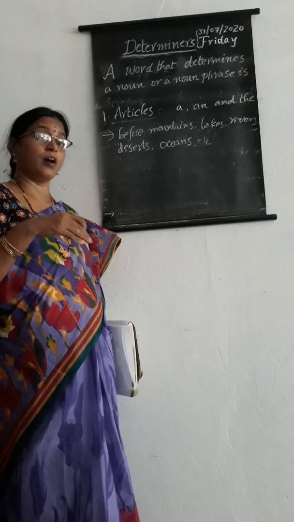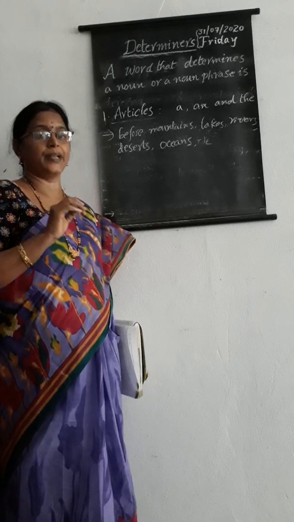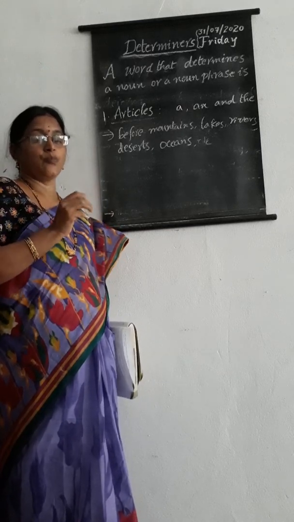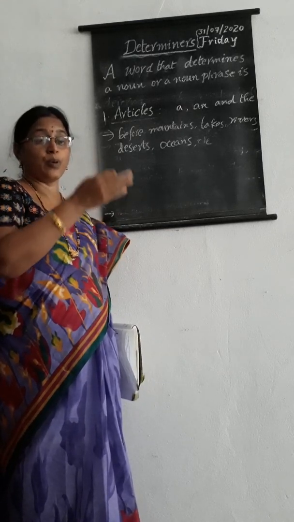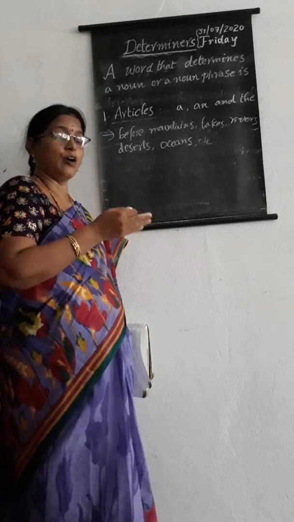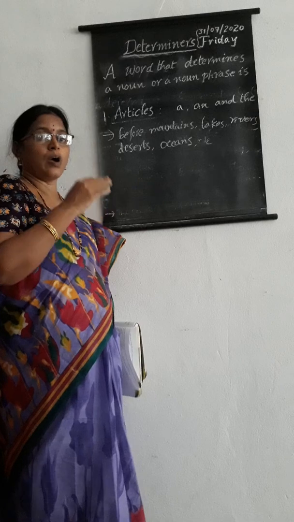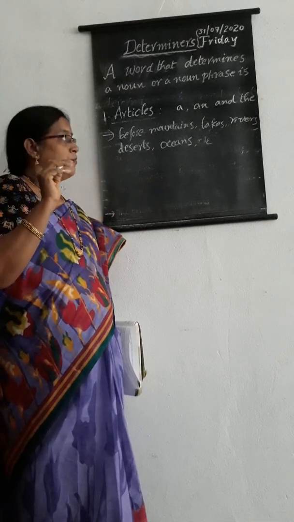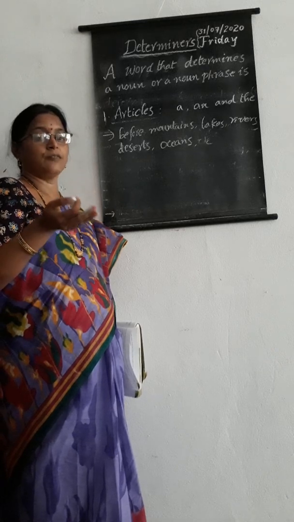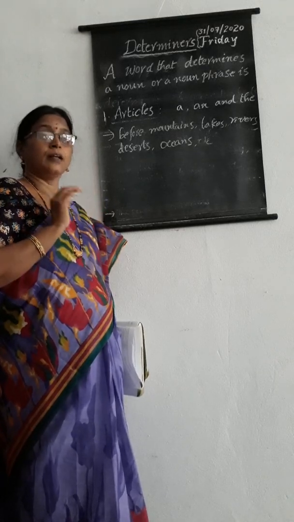The book which I want is out of print. So the book is not available now. The particular book I want. So we have to use the definite article the before book. When we want to talk about specific things, persons or places, we have to use the definite article the.